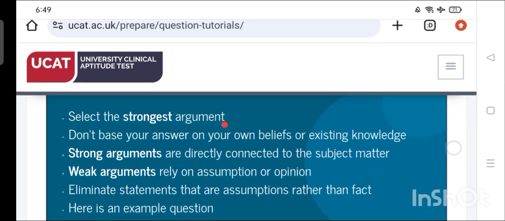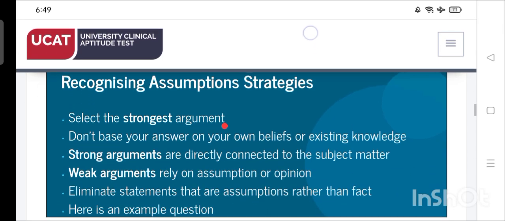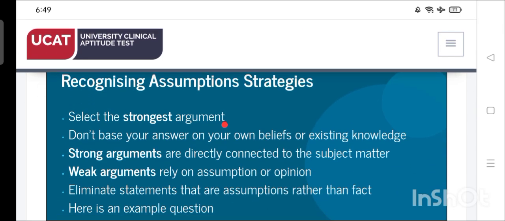Select the strongest argument. This is now a strategy to solve the recognizing assumptions questions. So the first strategy is to select the strongest argument. Don't base your answers on your beliefs or existing knowledge.